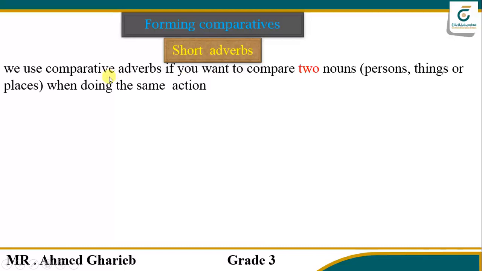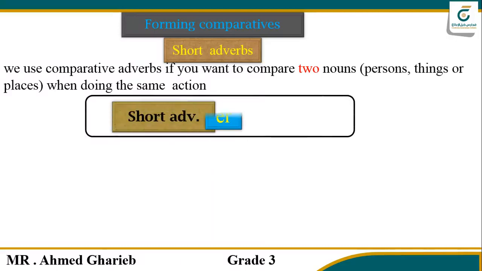We use the comparative adverb if we want to compare between two nouns, persons or things or places, when they do the same action. So we have two nouns and they are doing the same action, and we want to compare between them, which one is doing the action with higher degree than the other.